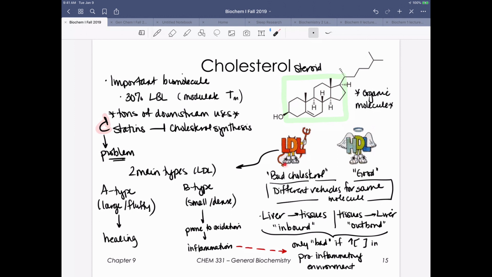And when we think about LDL, importantly, there are two main types, and then there are some subcategories within these two main types. The A type of LDL cholesterol represents these large and fluffy particles, which are actually really important for the healing process. So cholesterol is a really important molecule that helps heal when there's an acute injury or trauma.